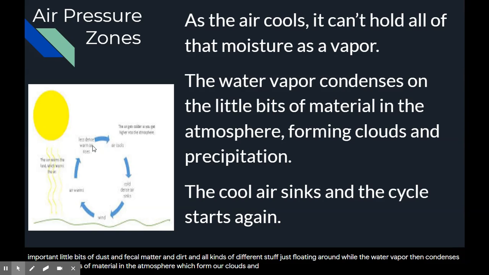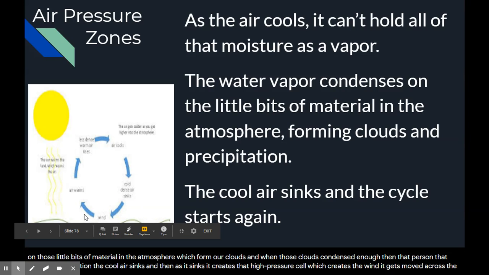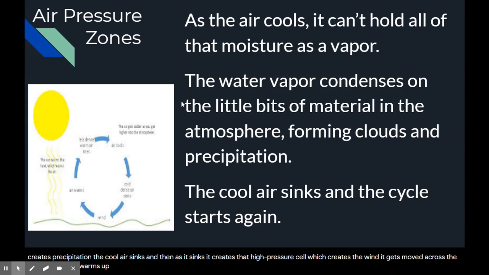And when those clouds condense enough, that creates precipitation. The cool air sinks, and then as it sinks, it creates that high pressure cell, which creates the wind. It gets moved across the surface where it warms up again, and the whole cycle starts all over again.